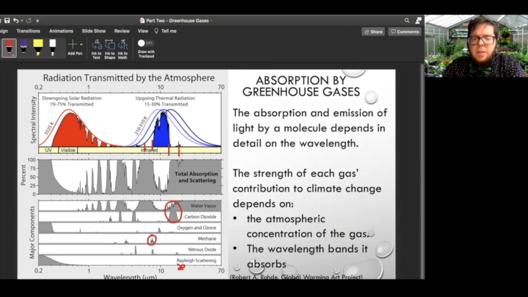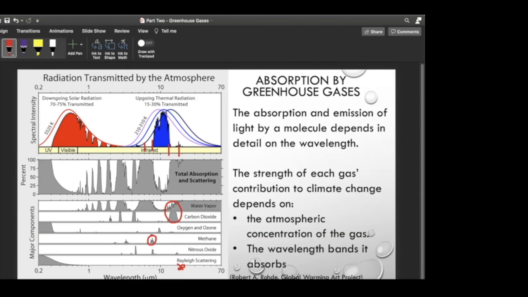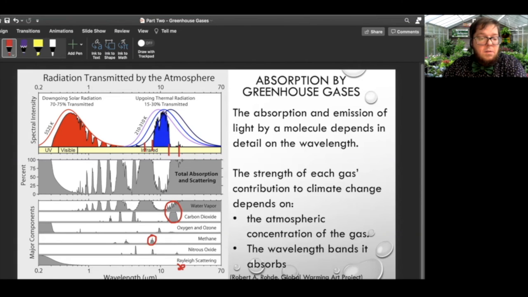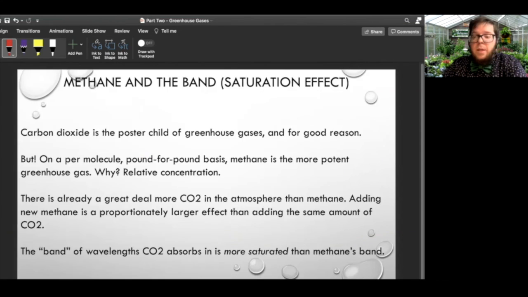But in fact, the absorption of methane, because there is so much less methane in the atmosphere already, it's not taking as big a bite out of the atmospheric emissions of radiation as carbon dioxide is. I feel like I've chosen the wrong image to explain this, so I apologize if this is confusing. But suffice it to say, adding new methane is a proportionately larger effect than adding the same new amount of carbon dioxide.